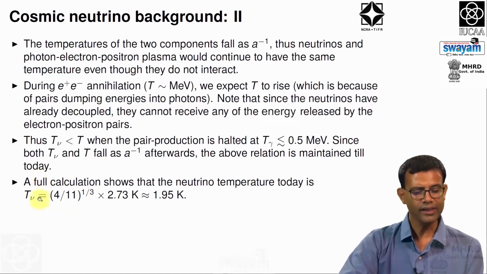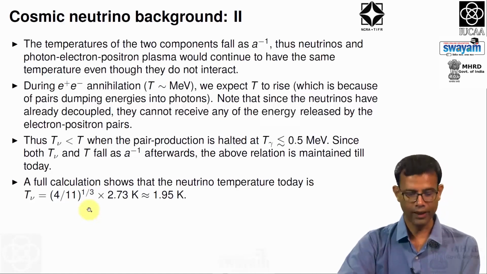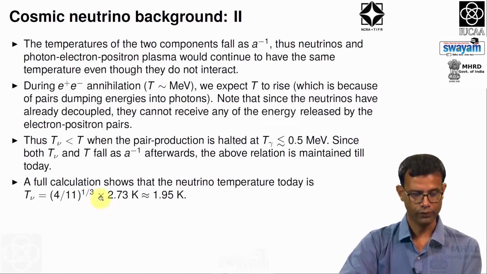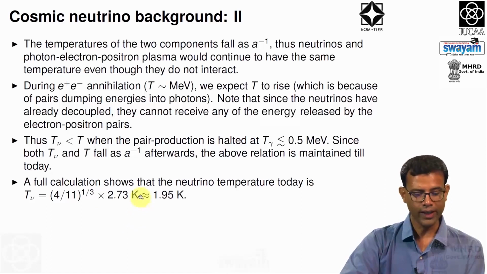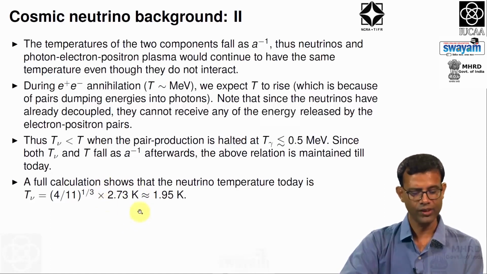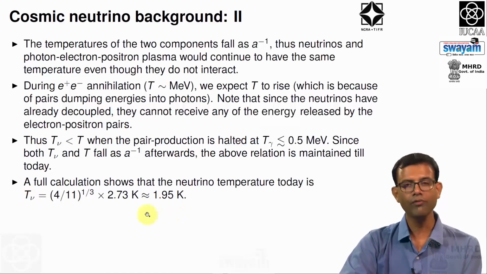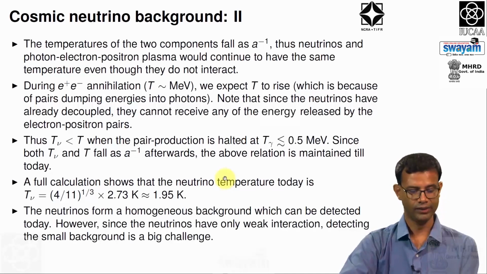How this factor arises will take some time to calculate, so I will not go into that, but one can in principle calculate it and show. Now, of course, we know that the radiation temperature today is 2.73 Kelvin. So, that tells us that the neutrino temperature today should be of the order of 2 Kelvin, 1.95 Kelvin.